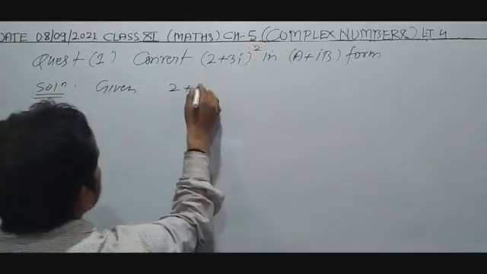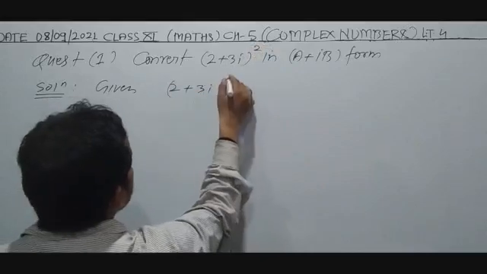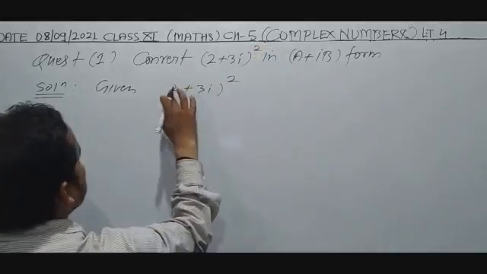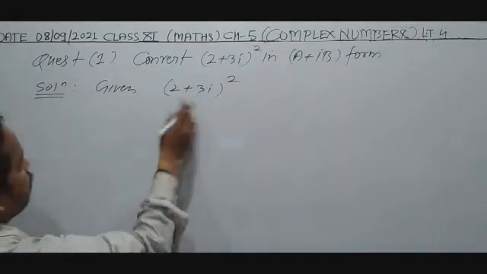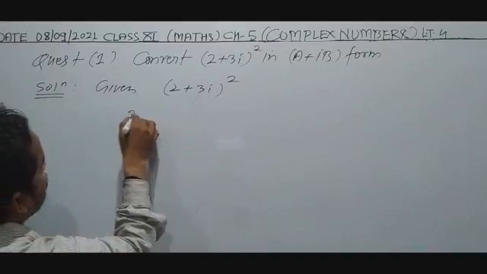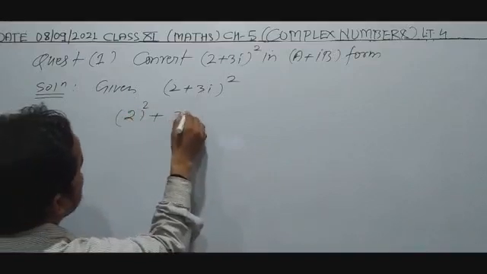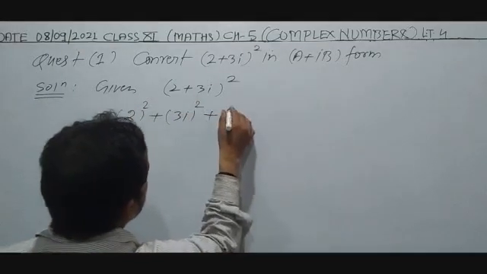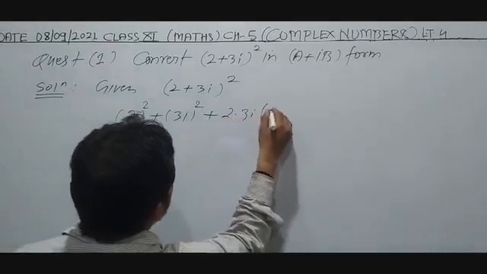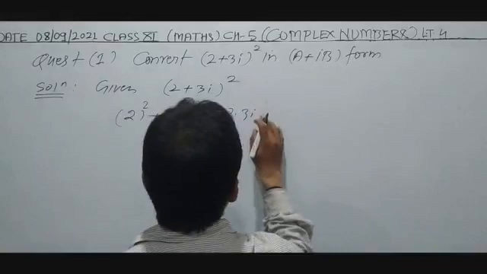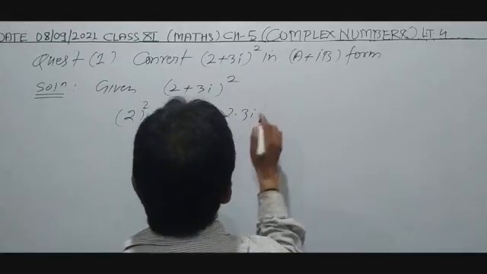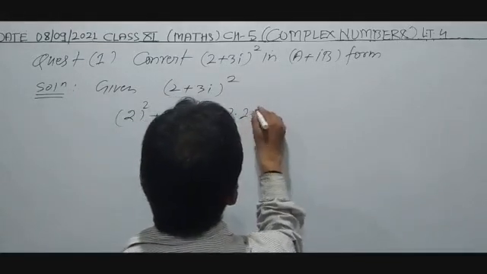This is 2 plus 3i whole square. Now you know the formula: (a plus b) whole square means a square plus b square plus 2ab. Here 2 square plus (3i) whole square plus 2 times 2 into 3i.